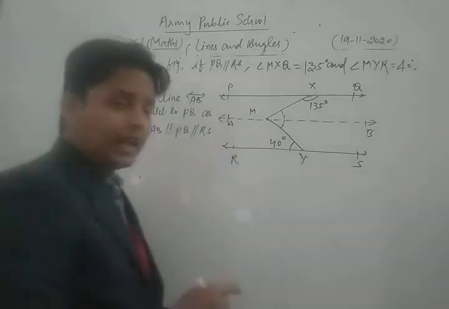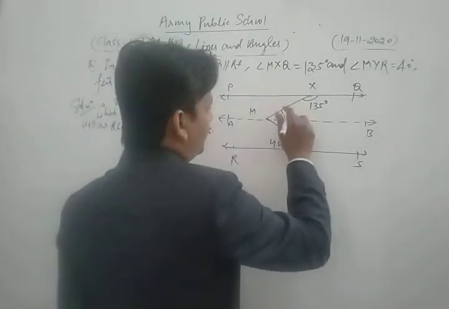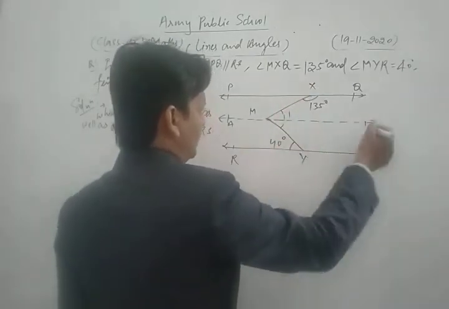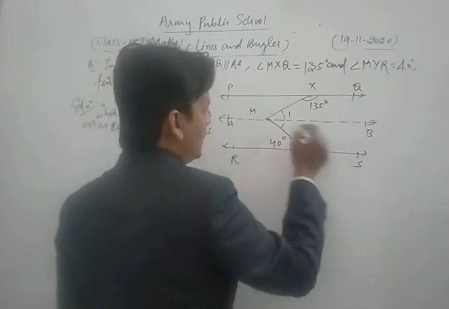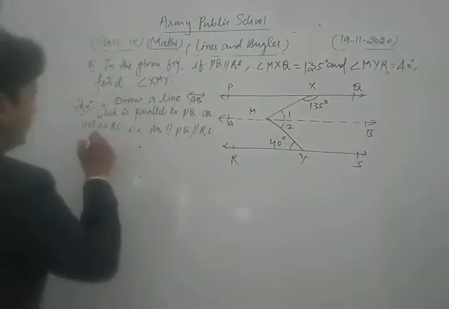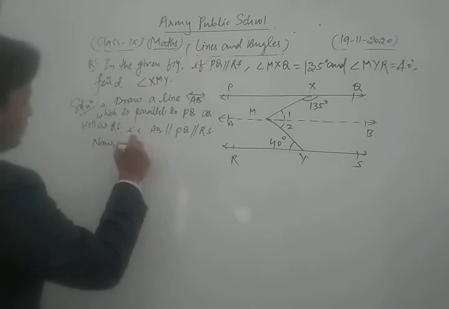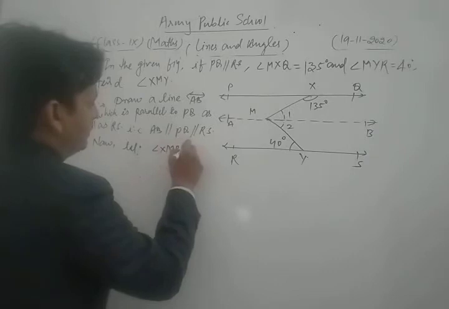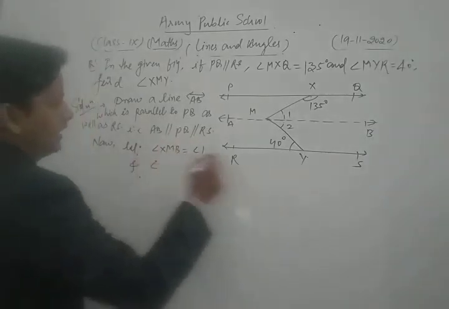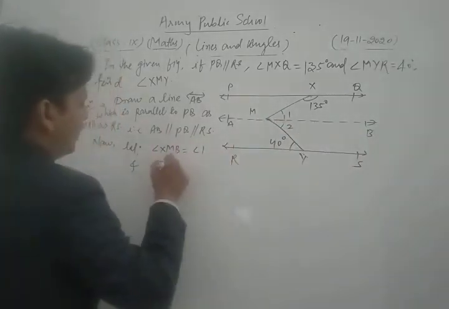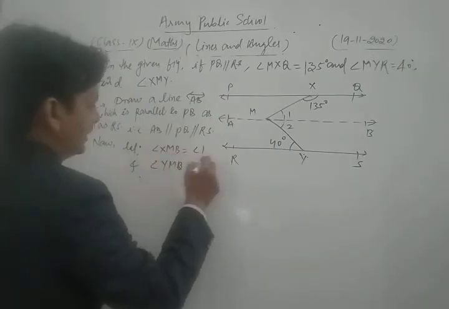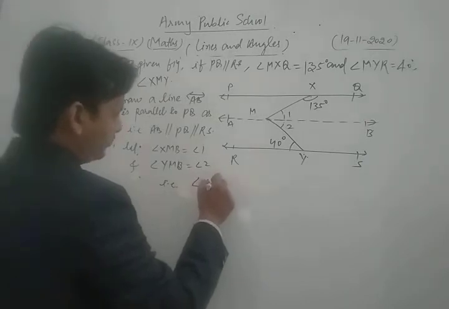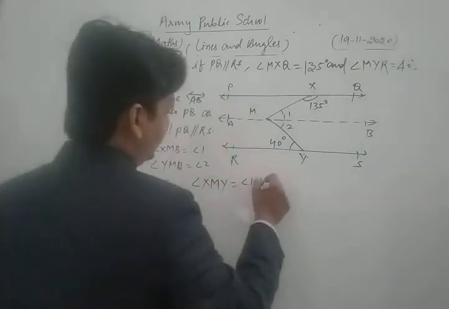Dear friends, we take angle XMB as angle 1 and angle YMB as angle 2. Now let angle XMB be angle 1 and angle YMB be angle 2, that is angle XMY is equal to angle 1 plus angle 2.